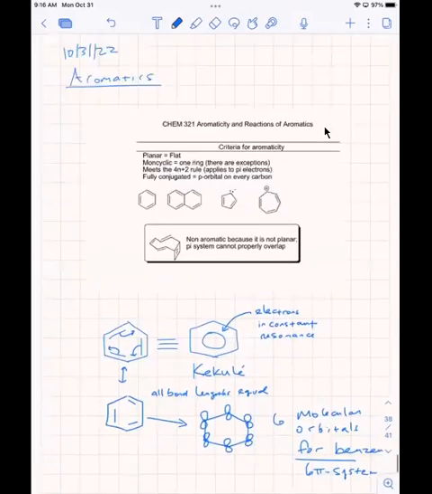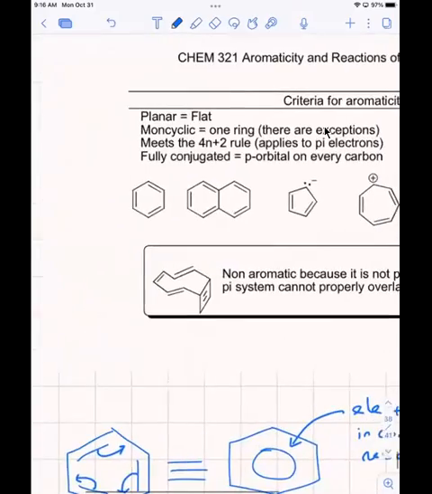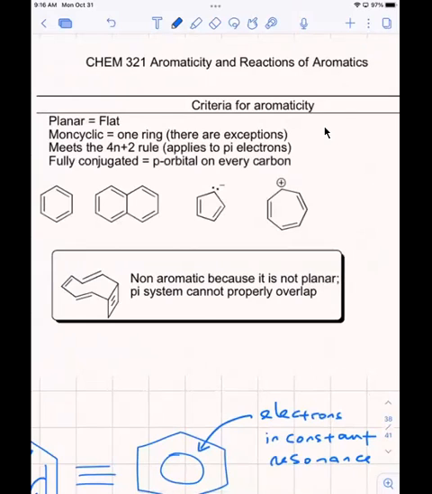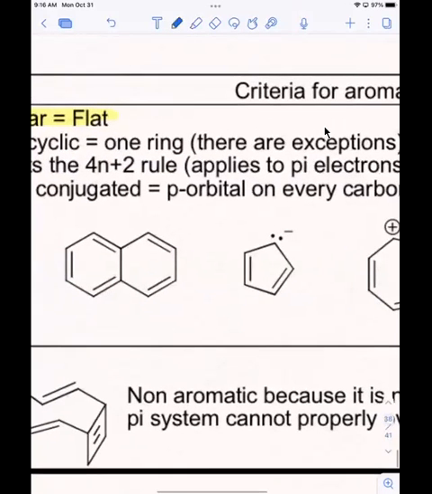All right, and then we look here. There's some criteria that you have to meet in order to be considered an aromatic. First thing is that the molecule needs to be planar, which means that it's flat.